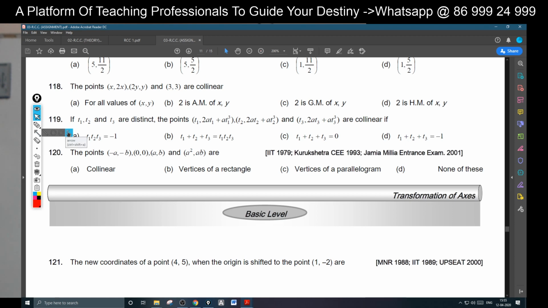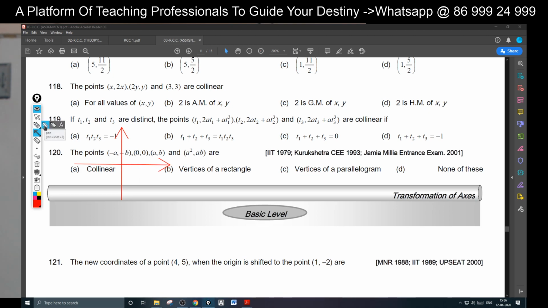with the axis, like this. This is the y-axis. This is the x-axis.